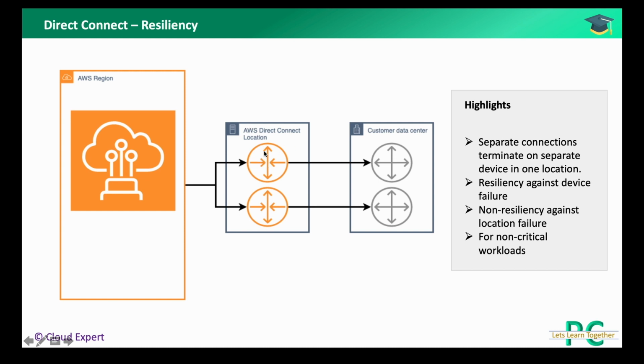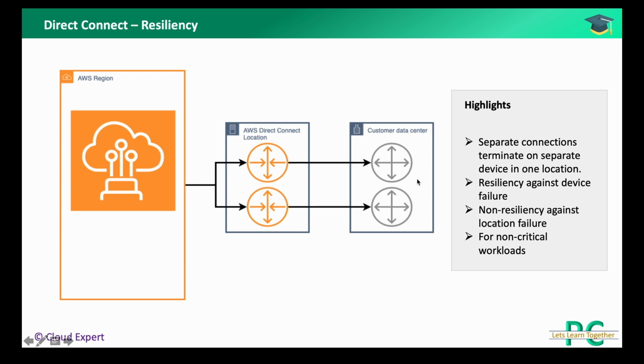In case one router goes down, you will still have one cable or Direct Connect connection to sustain your traffic. In case one channel or one cable goes down or there is a cable fault, you will still have one cable to serve your traffic. Now you can understand resiliency against device failure.